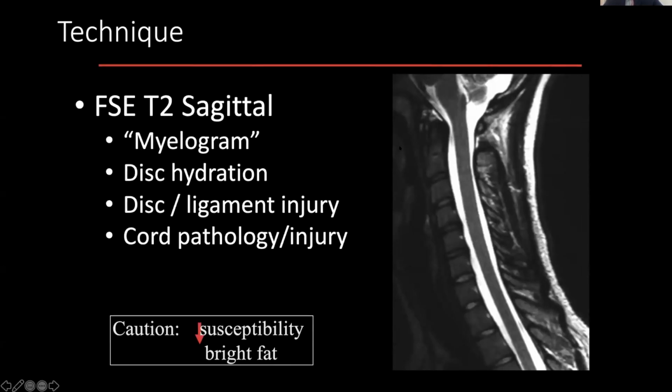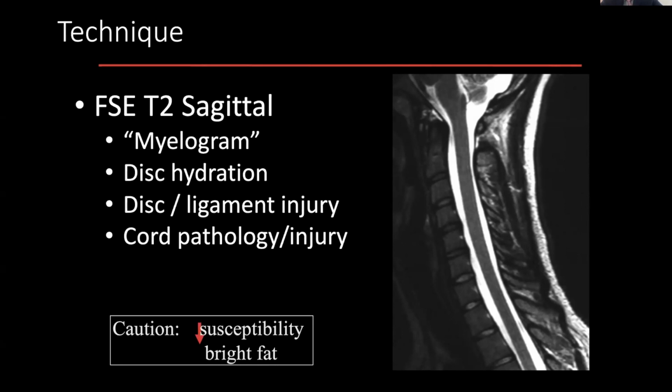Now, T2 is really all about, if T1's mostly about looking at fat and blood, T2 is mostly about looking at water. So water, obviously, CSF being water, also water being edema. We often say tissue is stupid in the sense that there are only certain things that tissue can do and can show you on a particular image.